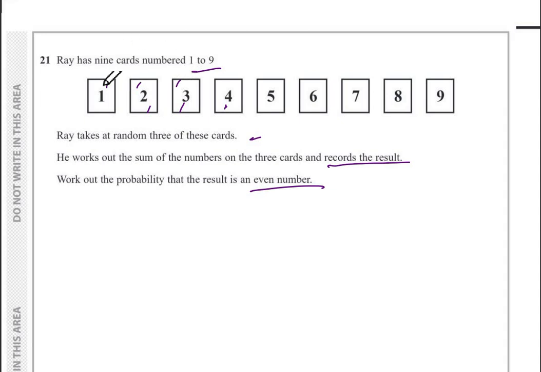So just to say, let's say we just took 1, 2, and 3. Okay, 1 plus 2 plus 3 equals 6. Or let's say we took 3, 2, 5. 3 plus 2 plus 5 gives us 10.